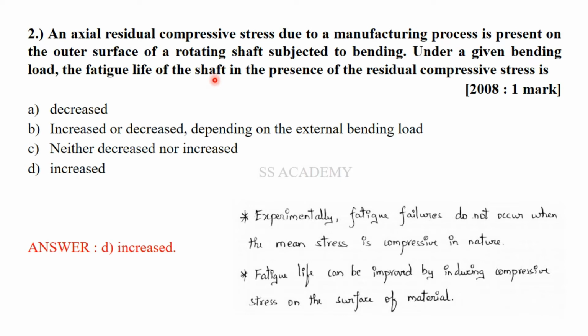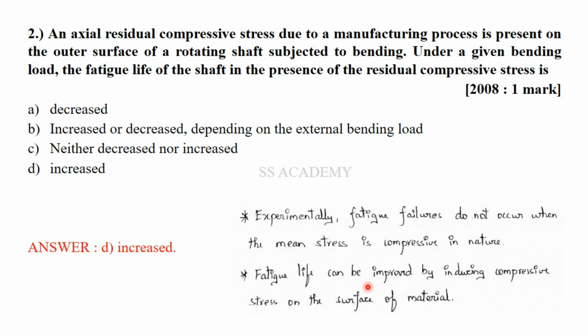This kind of cyclic loading is called fatigue loading, and it is experimentally determined that fatigue failures do not occur when the mean stress is compressive in nature. This particular statement you can understand when you go through design concepts of the Soderberg equation and Goodman equation. Fatigue life can be improved by inducing compressive stress on the surface of the material.